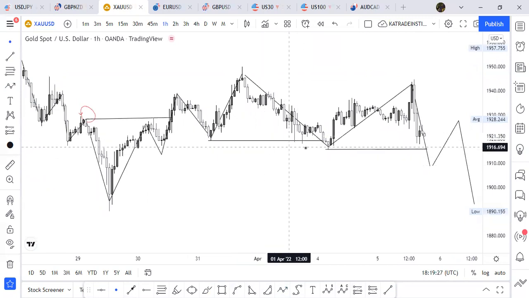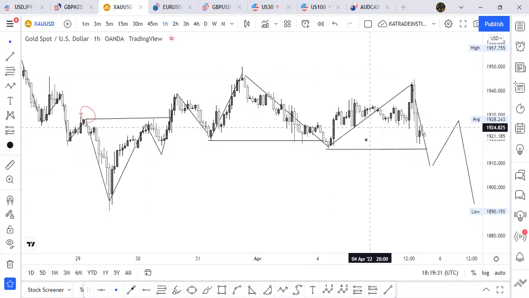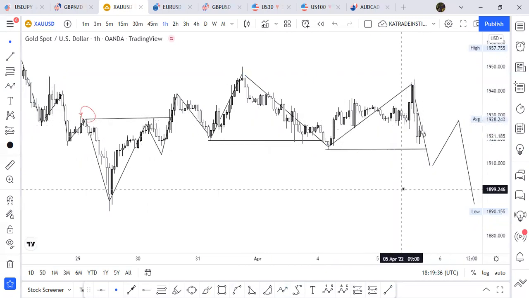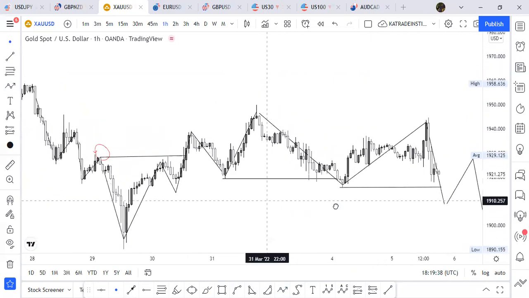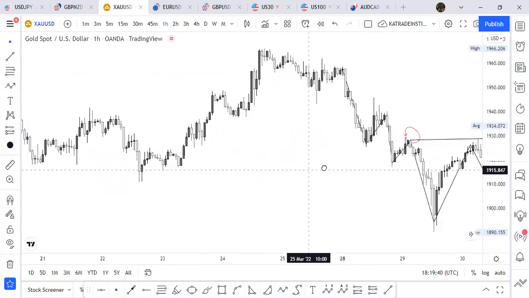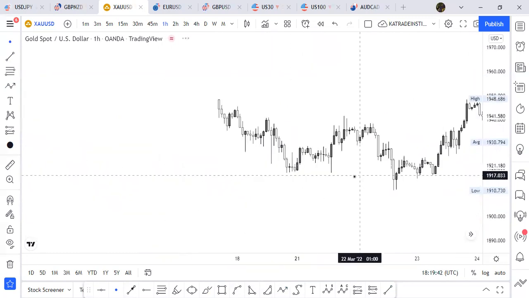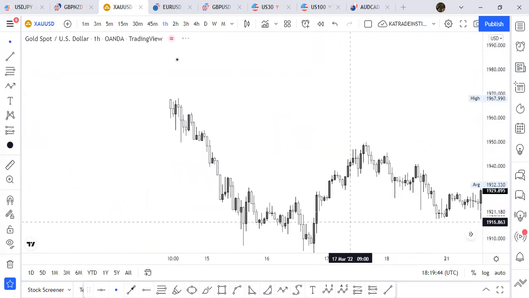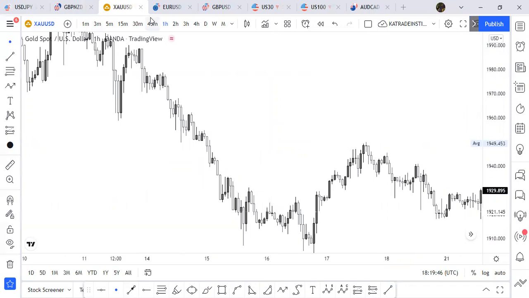Because we broke out from the recent swing low here. So price is no more in an uptrend, but it's a downtrend. Let me see if I can get equal structure. Let me go to, I think, GBP USD.